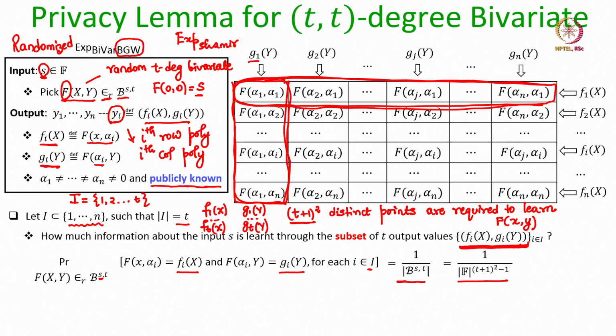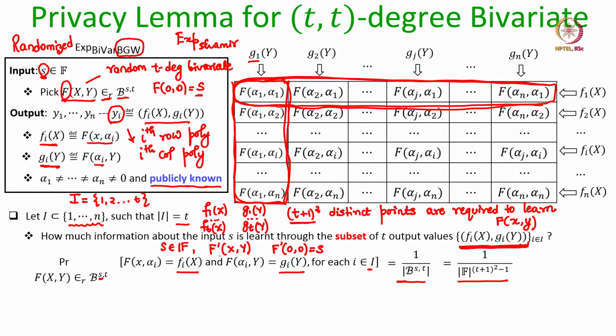And we know that for s belonging to the field, there is a unique bivariate polynomial, call it f prime of x y, such that the constant term of that bivariate polynomial is s, and these univariate polynomials f1 to ft of x and g1 to gt of y lie on that bivariate polynomial.